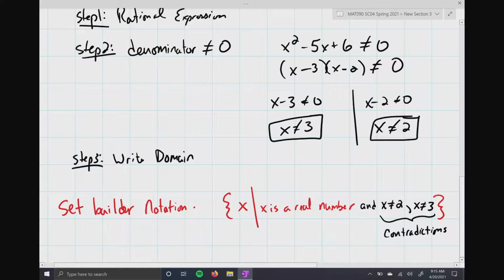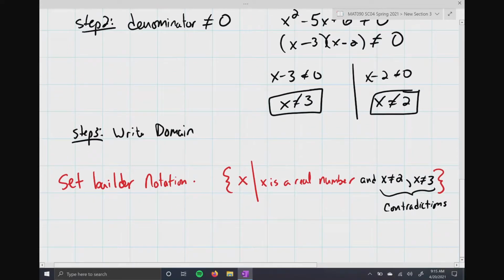So, this is how we read this now. We start off with x and the vertical bar, which stands for the words 'is such that.' So x is such that x is a real number and x cannot equal 2, comma, x cannot equal 3.